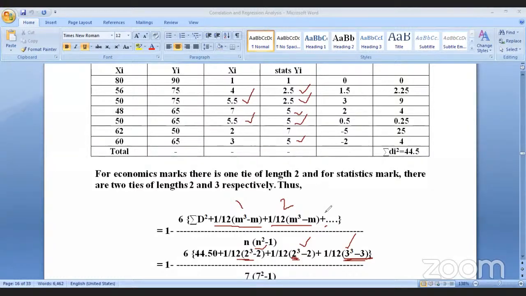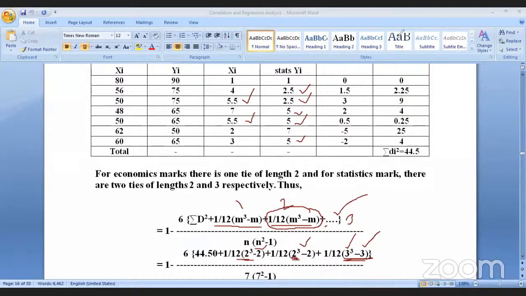In that case, again we are writing the same formula, 1 by 12 into m cube minus m. Here also we are expanding, so in this place we have written 3 cube minus 3. That is the reason we got 3 cube minus 3. Is it clarified? Yes, sir.